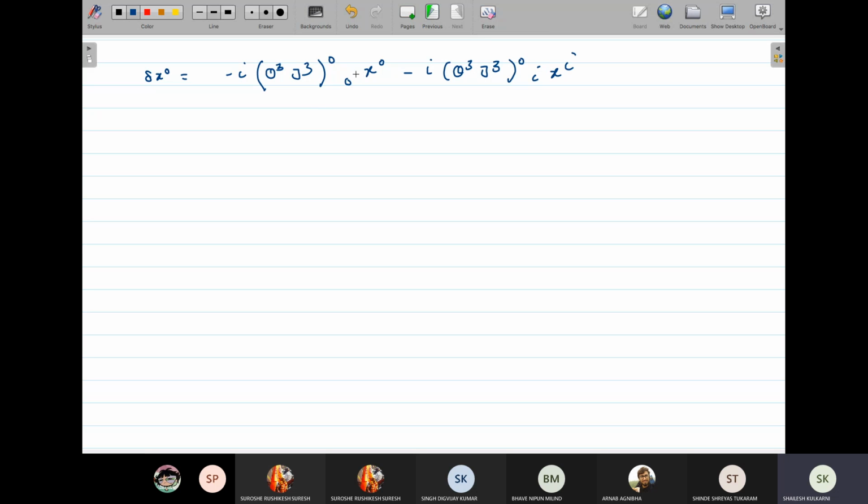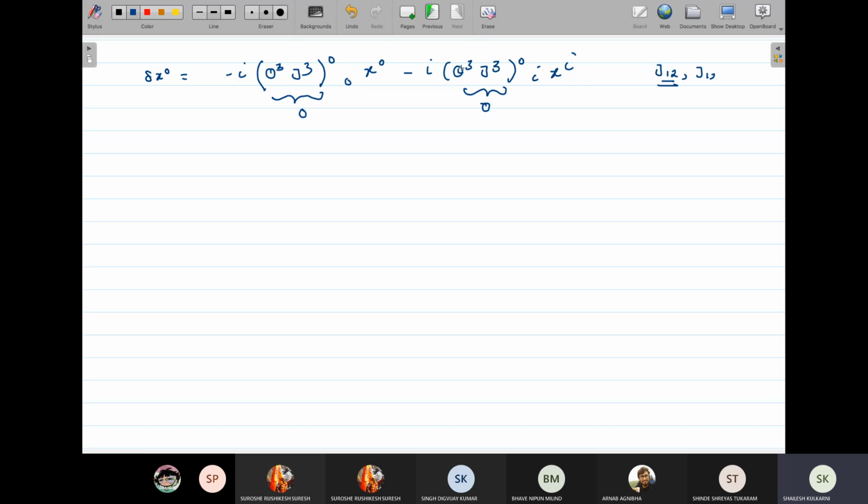In both terms, J3 0 0 element is 0, so I will get 0 here, and J3 0 i is also 0. But for that, you should know the matrix for J3, which you can calculate if you know J12, J13, etc. That I gave as an exercise.